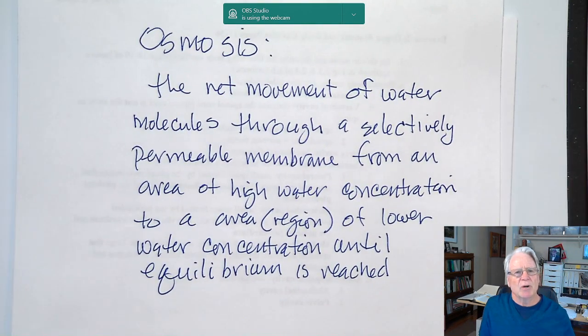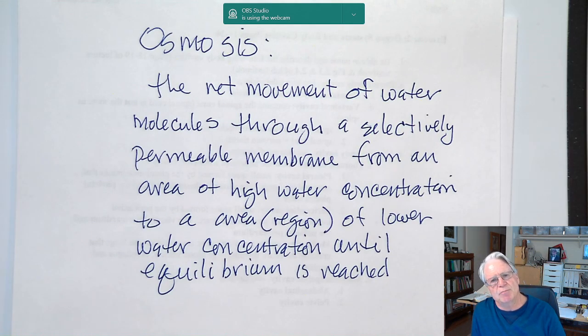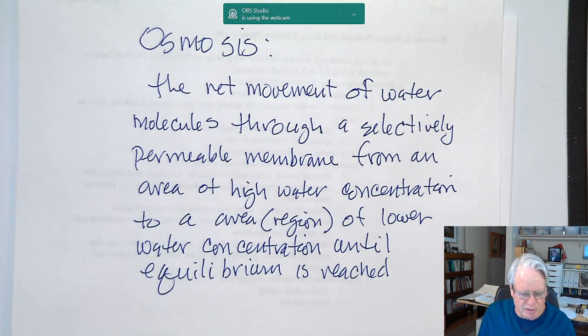So the net movement of water molecules through a selectively permeable membrane from an area of high water concentration to an area of lower water concentration until equilibrium is reached.